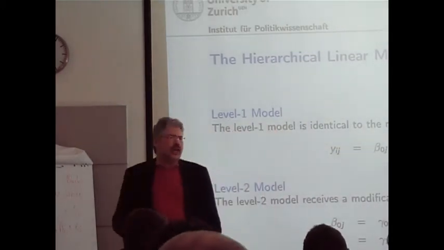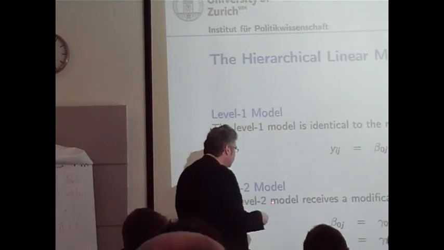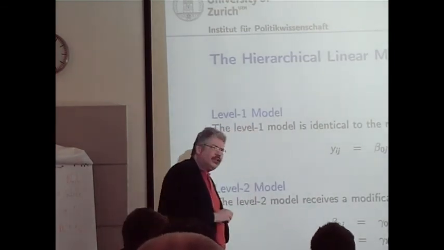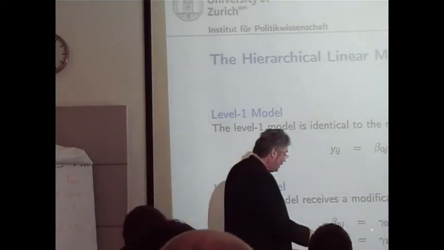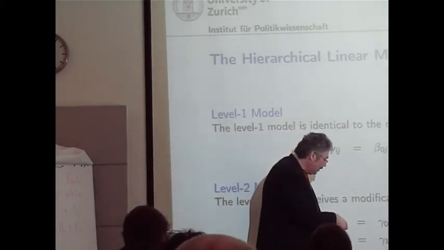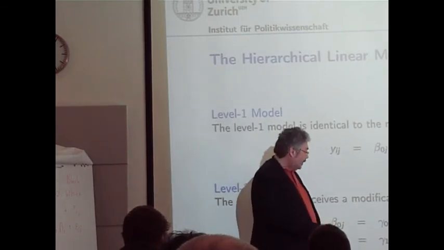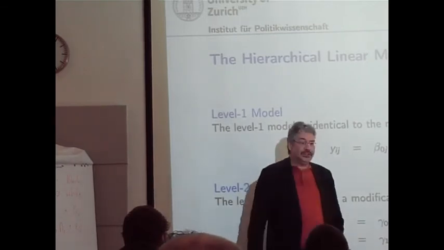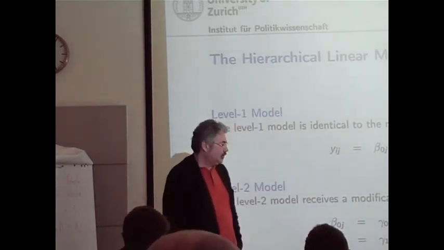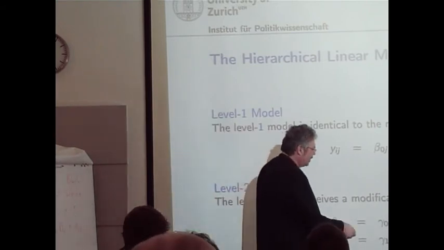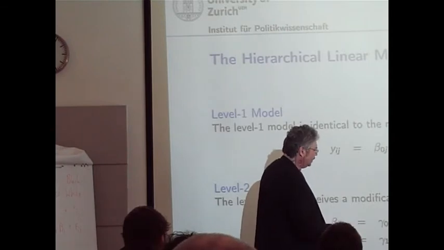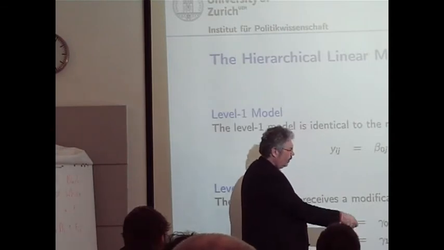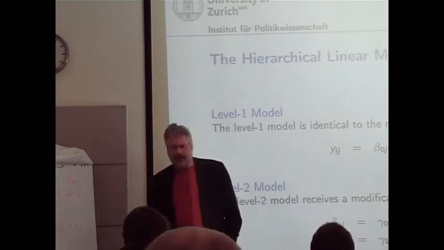What is different is how I specify the level 2 model. The only thing that I do differently in that level 2 model is instead of just having these gamma 0,0 and gamma 1,0, I add my predictor Zj with some effects attached: gamma 0,1 times Zj and gamma 1,1 times Zj. We still have the error terms.